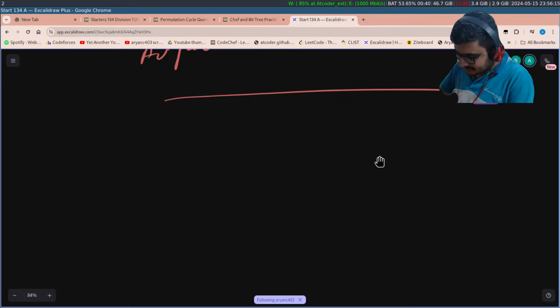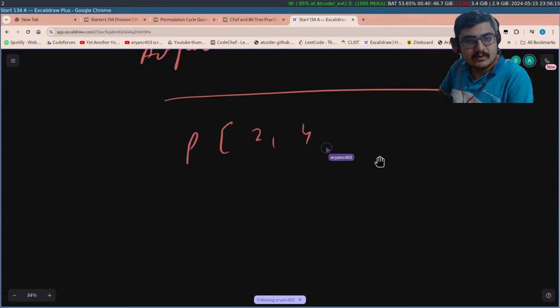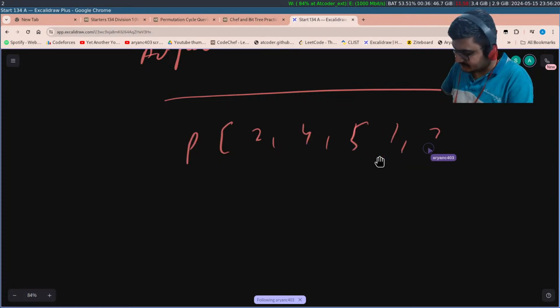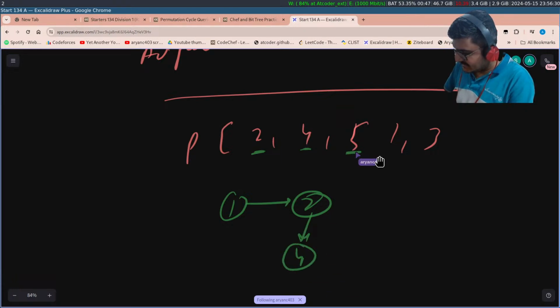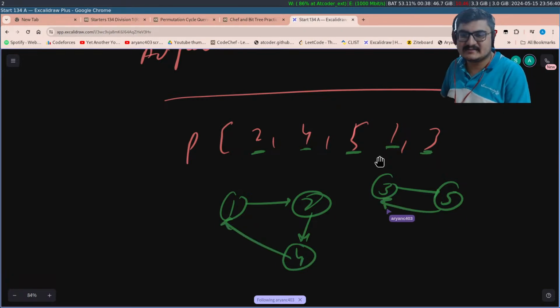For example, if our permutation is 2, 4, 1, 5, 3, then we have an edge from 1 to 2, an edge from 2 to 4, an edge from 3 to 5, an edge from 4 to 1, and an edge from 5 to 3. If you look at this graph, every connected component is a cycle now.